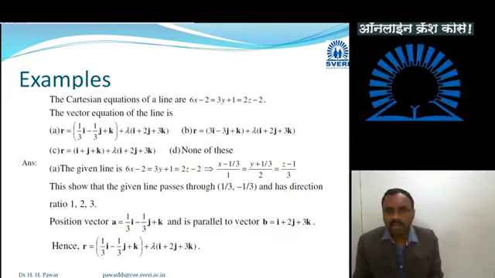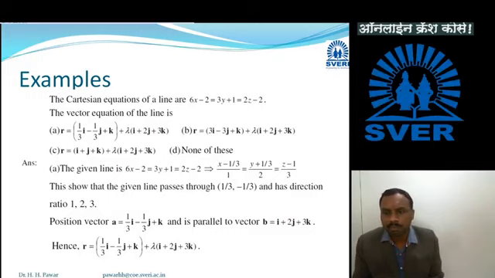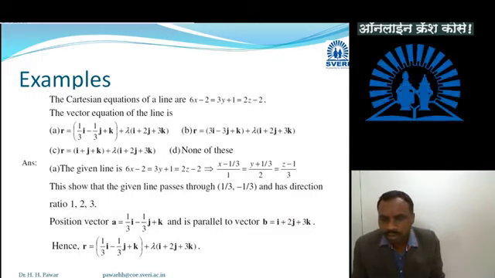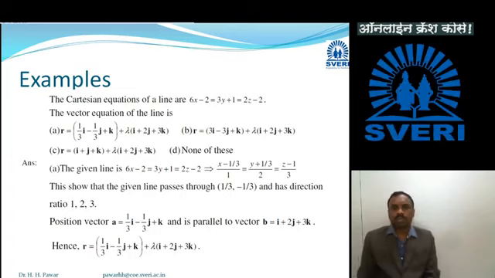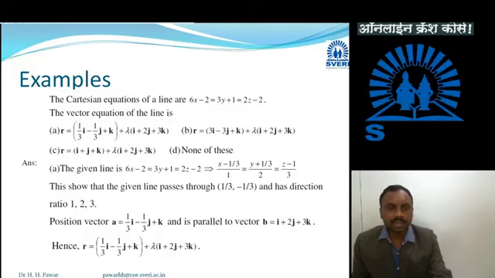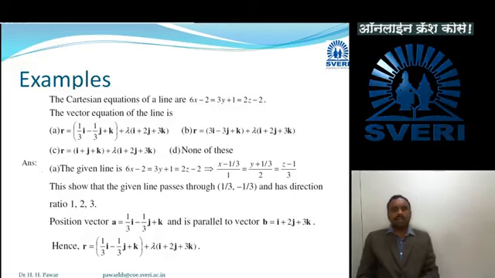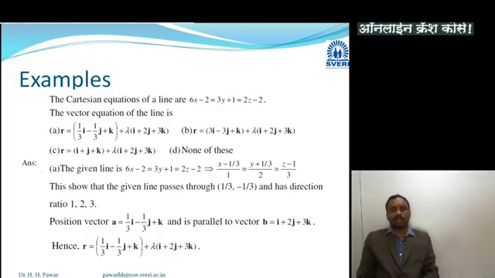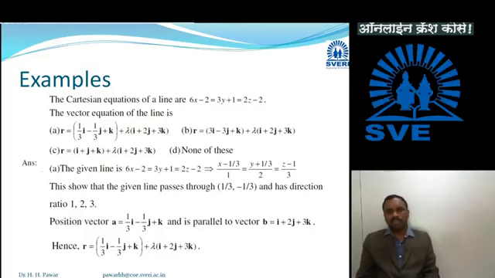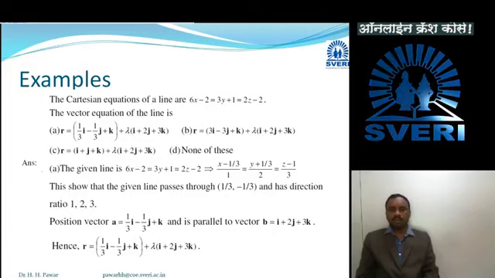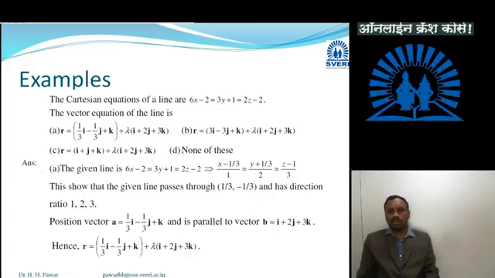Second one is r equal to 3i minus 3j plus k plus lambda into i plus 2j plus 3k. Option third is r bar equal to i plus j plus k plus lambda into i plus 2j plus 3k, and D none of these.